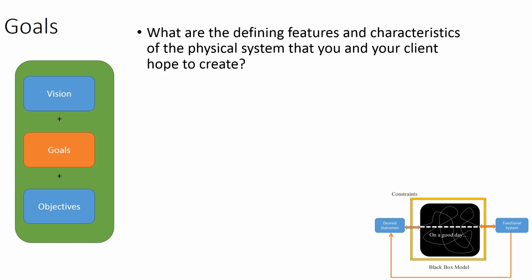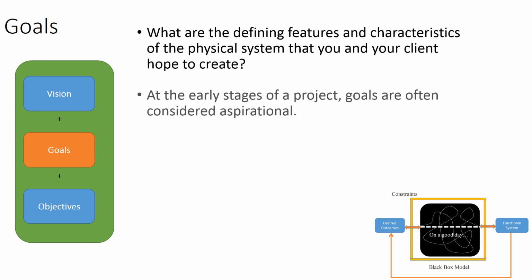So what are some of the main things that you're trying to accomplish or setting out to do? And these definitely need to be more specific than a vision. We're starting to talk about specific elements of a project or of the physical system that you're trying to create that are going to come into form or come into being as a result of your engineering work.